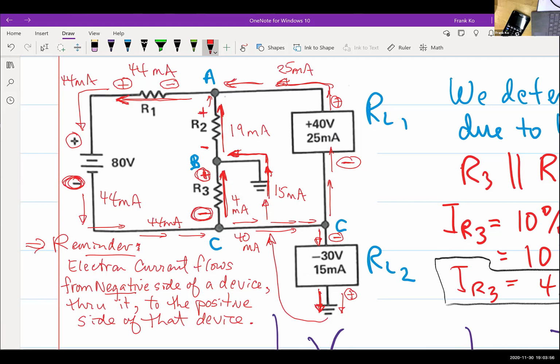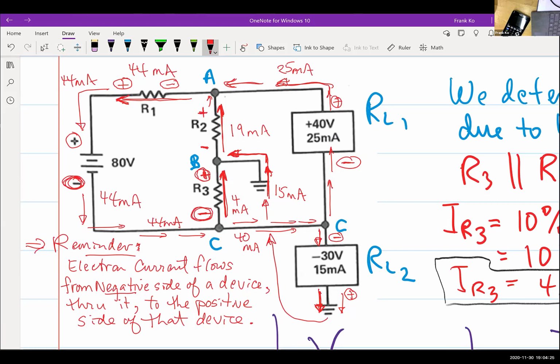So when you use a digital multimeter and hook up the red lead here and the black lead here, we will see the 30 volts, but what polarity on that 30 volts? Negative. That's what your digital multimeter will show, because it's seeing the negative polarity based on how current flows in this particular circuit. Okay?